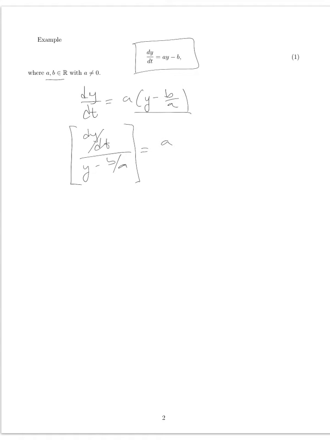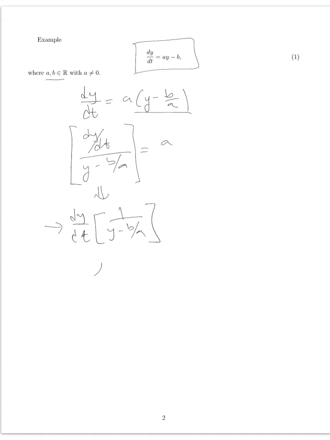So if I rewrite this as dy dt times 1 over y minus b over a, I might be able to see that I know the antiderivative of this guy, and the chain rule is going to give me exactly what I have here.